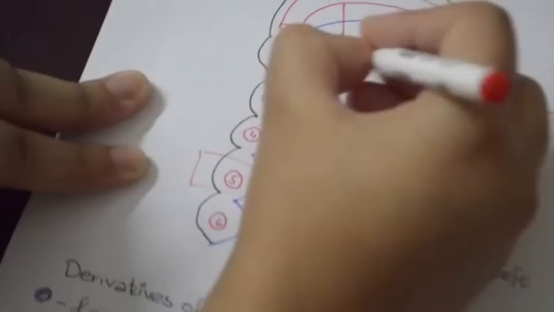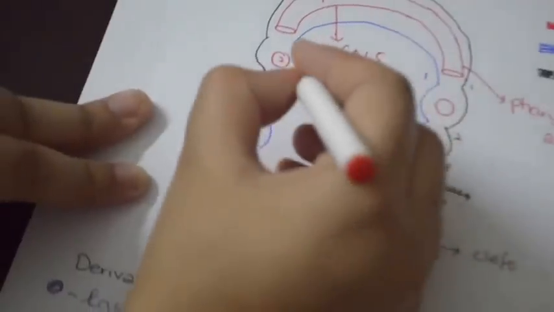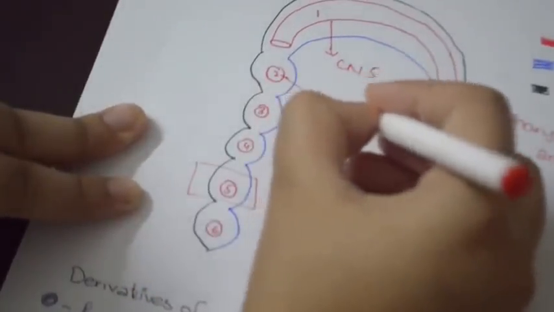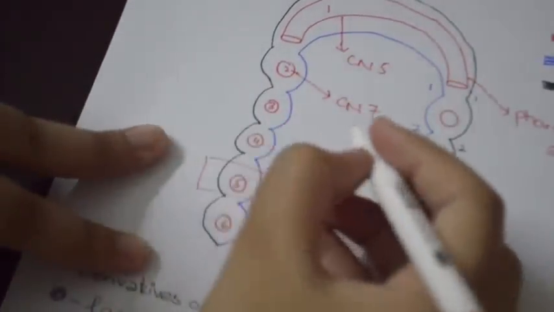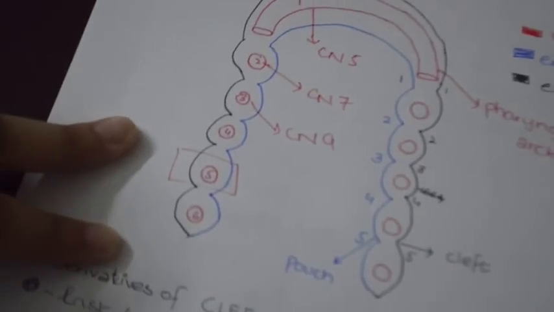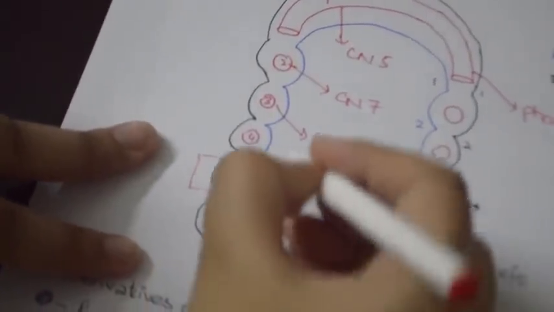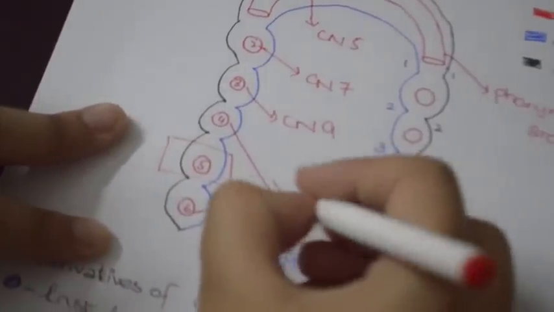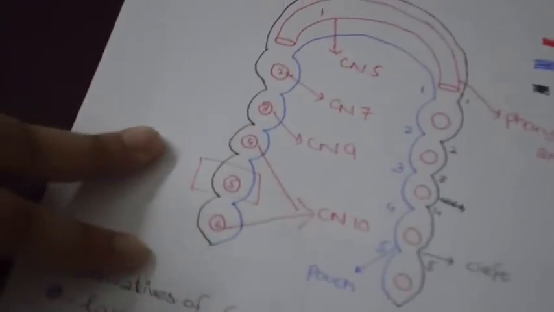So moving forward, the 5th cranial nerve will be here at the first pharyngeal arch. The second has cranial nerve 7, the third has cranial nerve 9, and the 6th and 4th will have the cranial nerve 10.